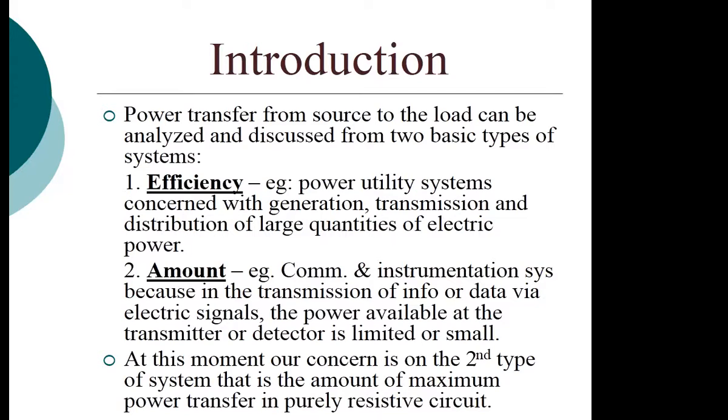But in communication systems and control systems, we are more concerned about the amount of power that is available from the transmitter to the receiver. So when we talk about maximum power transfer, we're trying to see the amount of power, not necessarily the efficiency, the amount of power that is delivered to the load by the source.